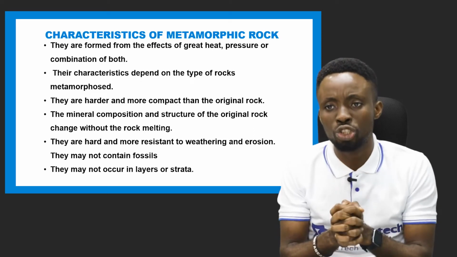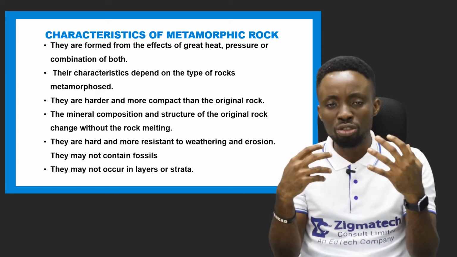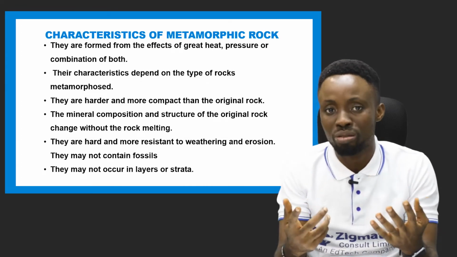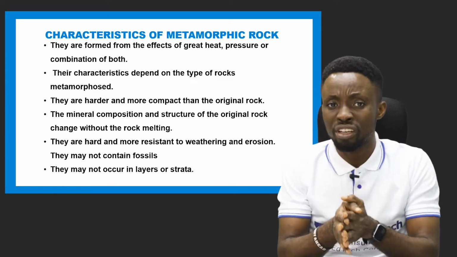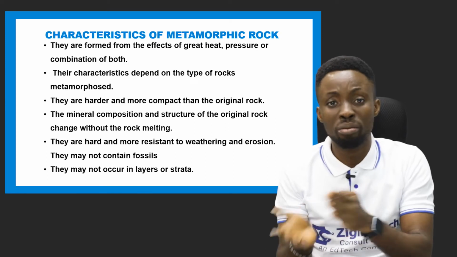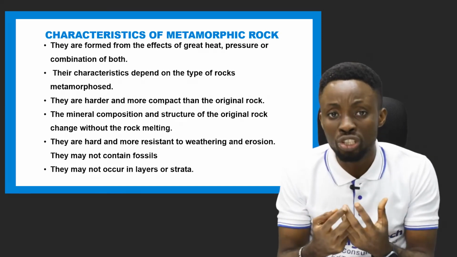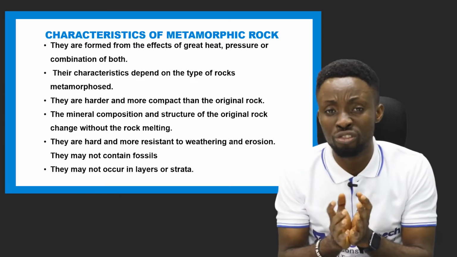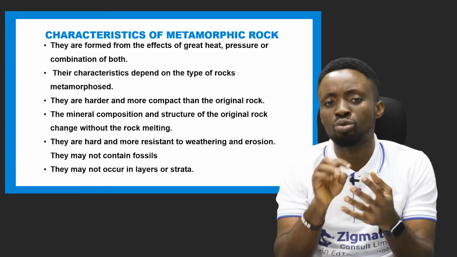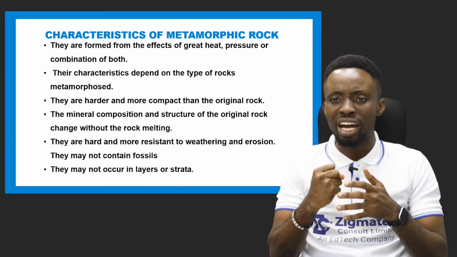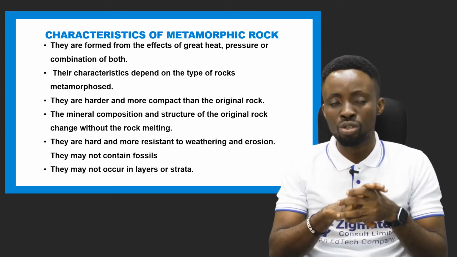And the mineral composition of this rock actually changes, or transforms, without melting. Because I told you previously that if it melts, it's no longer a metamorphic rock, but definitely an igneous rock. So this mineral composition in this rock during the process of metamorphism will transform without melting. And they are actually a hard and more resistant type of rock.